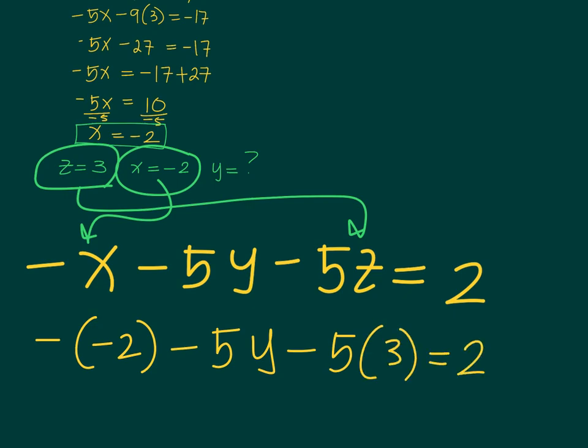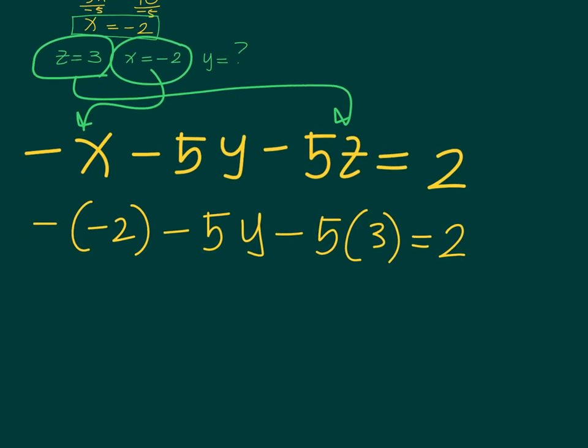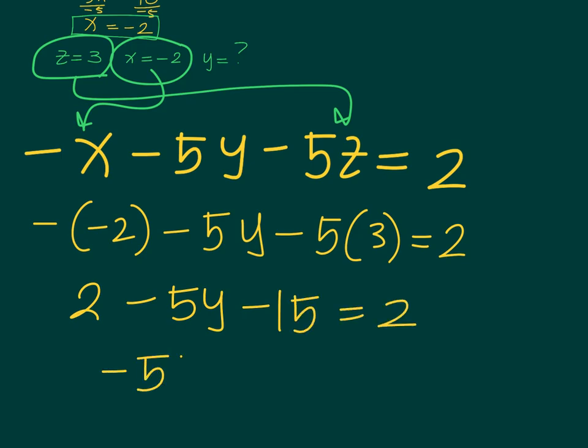Then just work on this equation. You have positive 2 minus 5y minus 15 equals 2. This becomes negative 5y, and the 2 minus 15 becomes negative 13, equals 2.